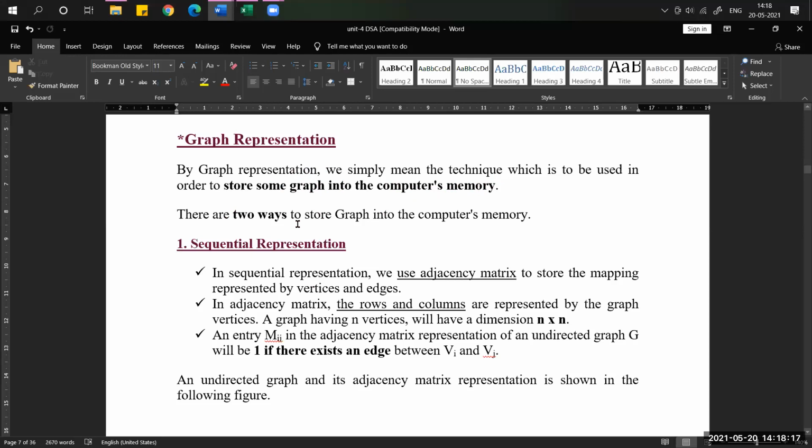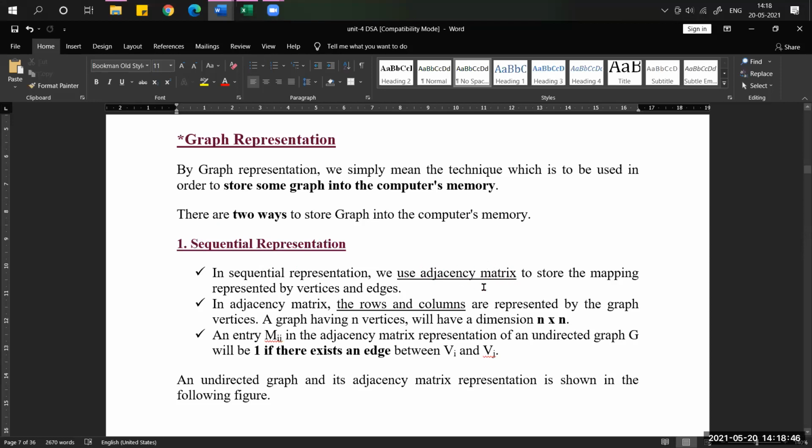There are two ways to represent the data. To represent means to store the data in the computer's memory. So what is the first way? First method: sequential representation. Sequential means we are following one particular order. In sequential representation, we have to use the adjacency matrix.